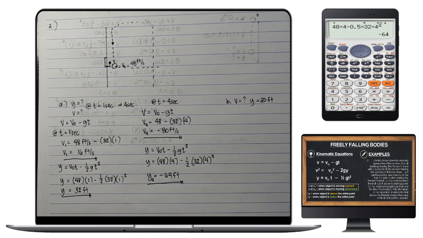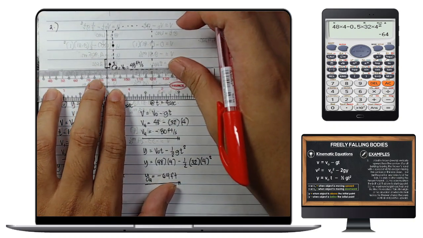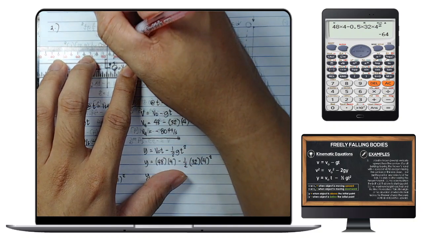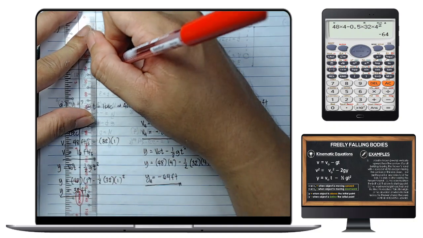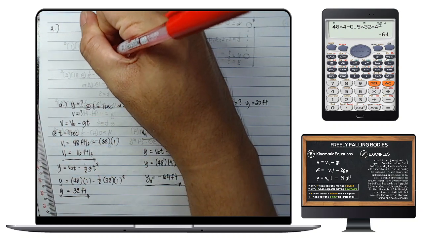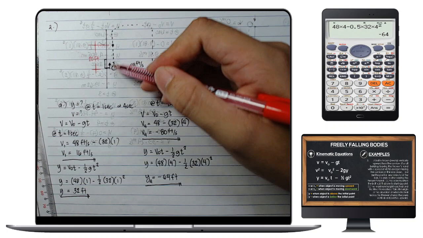So let's say, ito yung ating 20 feet above our starting point or the initial point. Ito. Let's say this is your 20 feet. Okay? So this 20 feet may occur twice. So yung isa, when the motion is still upward.